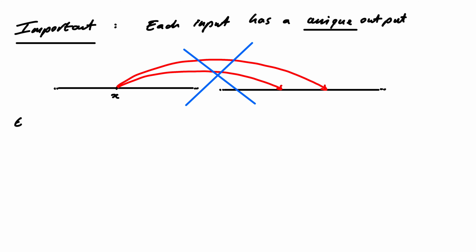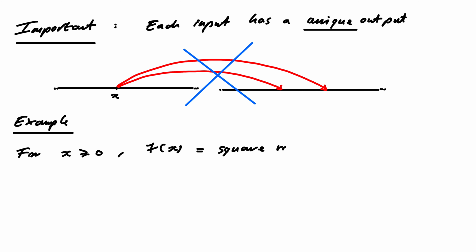So let's do an example you're actually super familiar with. Maybe a non-example. So for x greater than or equal to 0, let's define f of x to be equal to the square root of x. Now, does that make sense? First of all, I'm assuming x is greater than or equal to 0, so great, there are square roots. But this is no good, because we know for positive numbers there are two square roots.